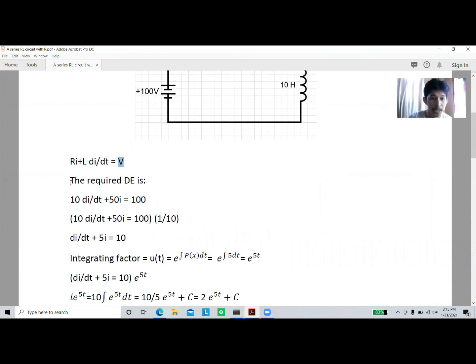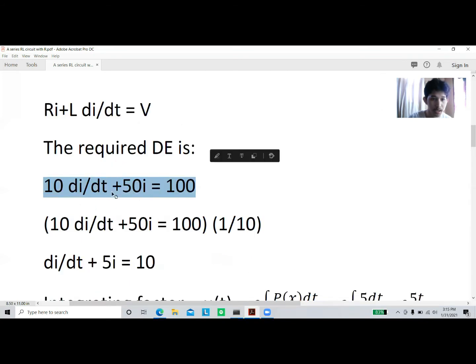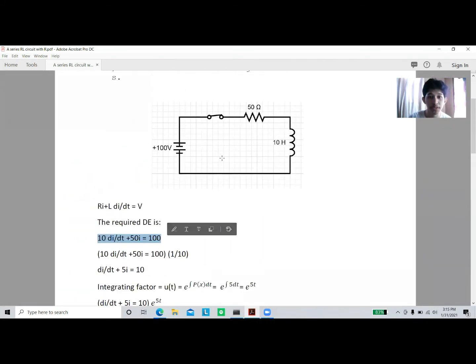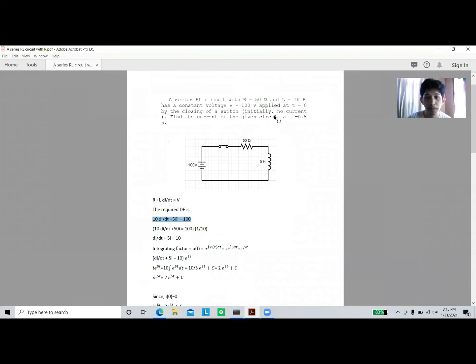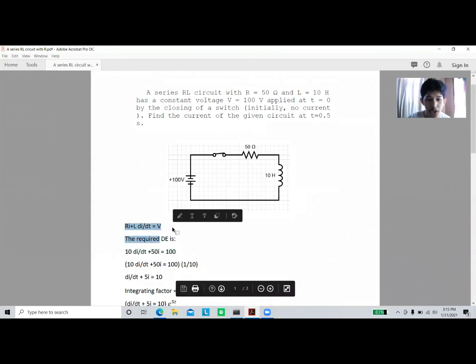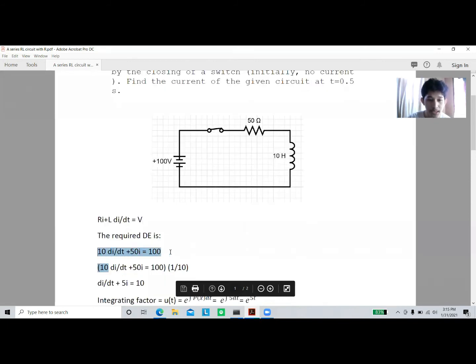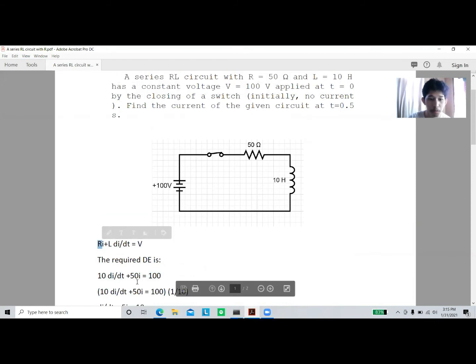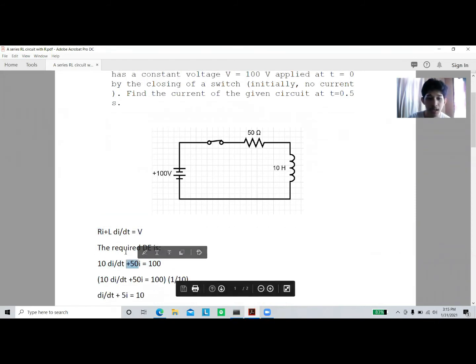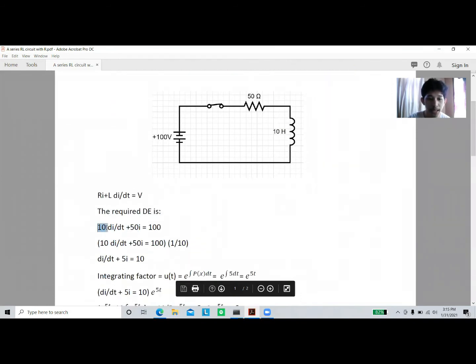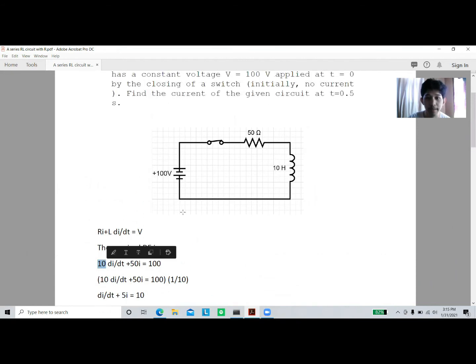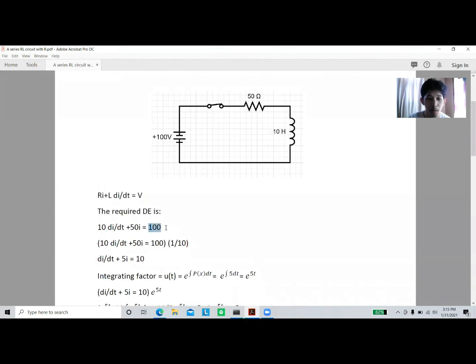So the required differential equation is this one. We just need to substitute the values given from the problem on this equation, and then we now obtain this equation. So R is equal to 50, the inductance is equal to 10 Henry, and the voltage is equal to 100 volts.